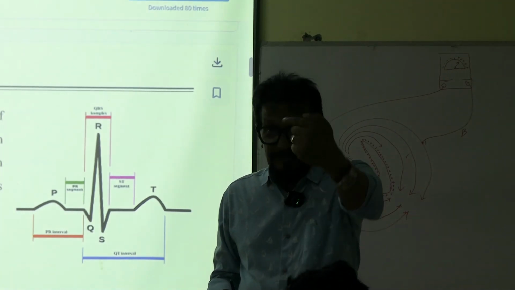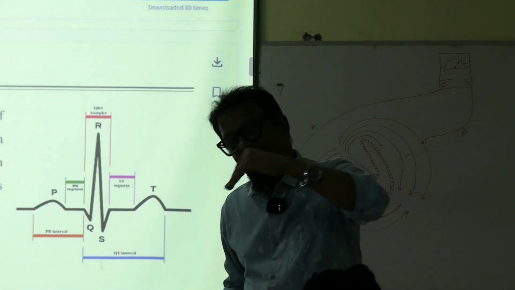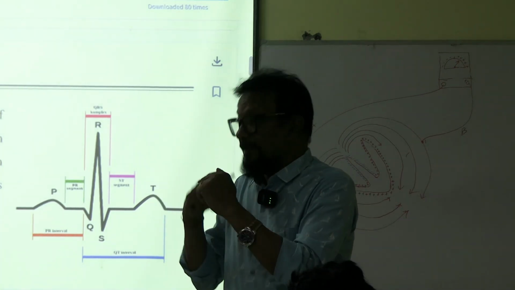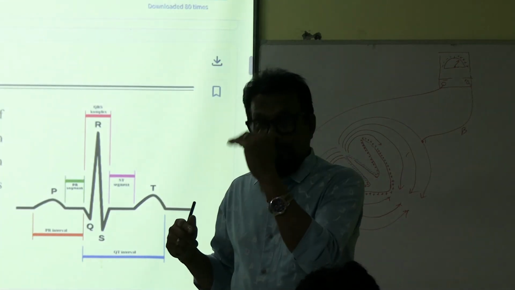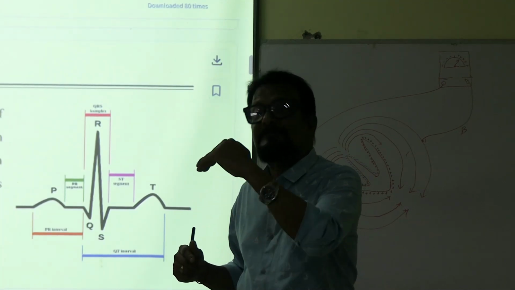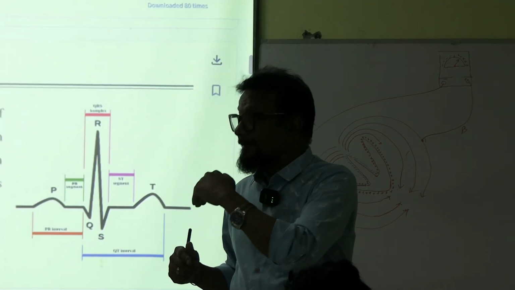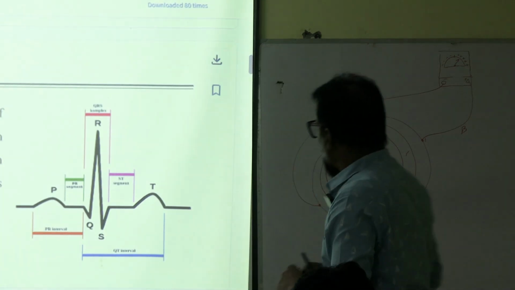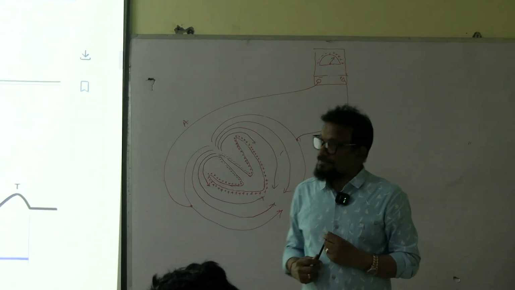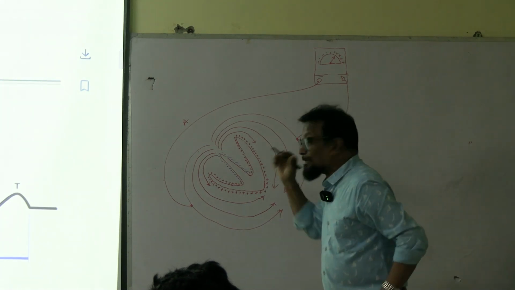Now because of this current, while it travels, it produces depolarization waves. Depolarization waves means action potentials are produced. These action potentials are actually the cardiac impulse, and they are traveling. While traveling, the surface becomes negatively charged.